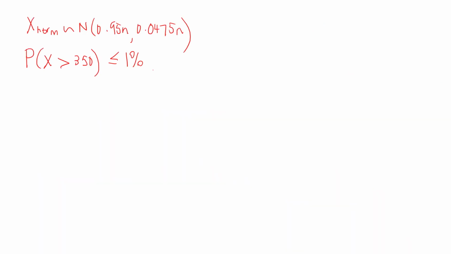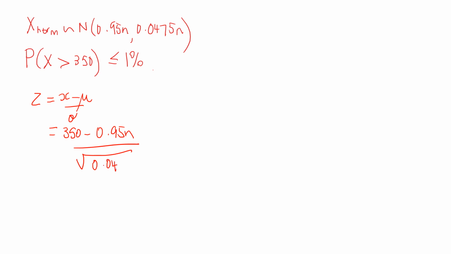So let's work out the z-score. So z is equal to x, take away mu, on sigma. X is 350, mu is 0.95n, and sigma is the square root of 0.0475n.